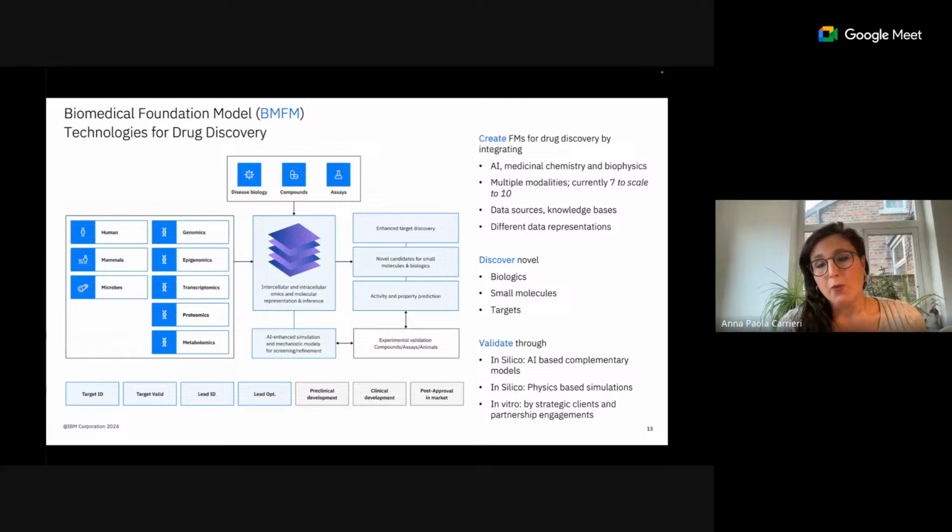But what does our foundation model do? It's multimodal, so it can handle different modalities of data, currently seven, and we are working to expand to ten. It's also multimodal because different foundation models and architectures are combined.